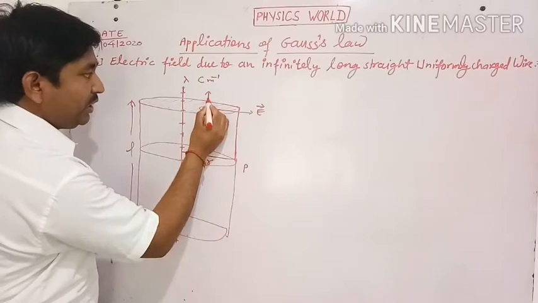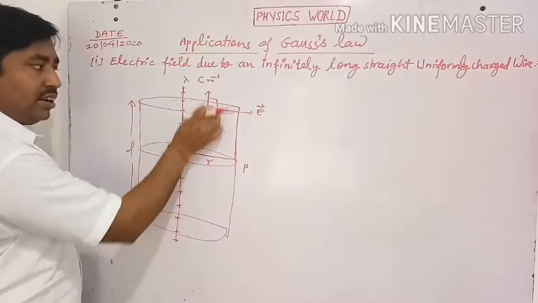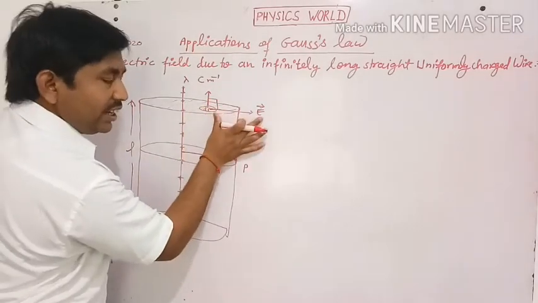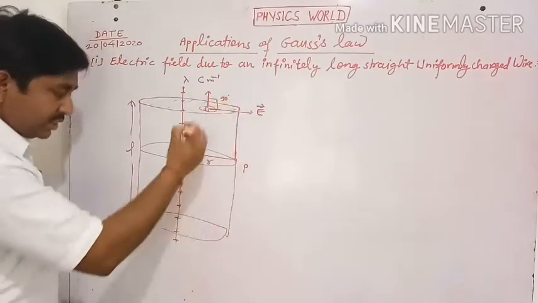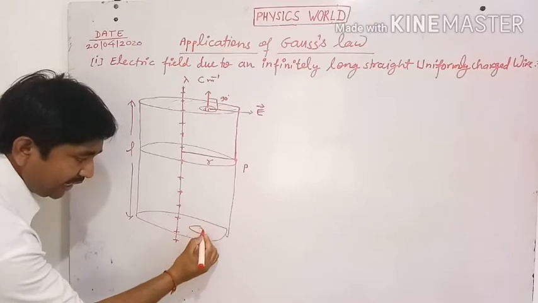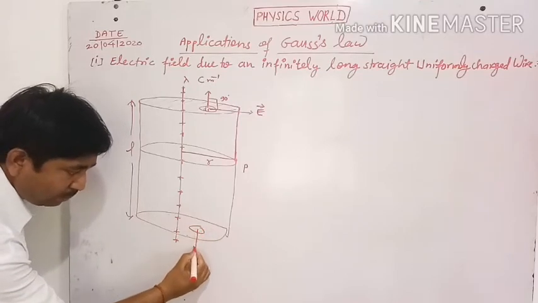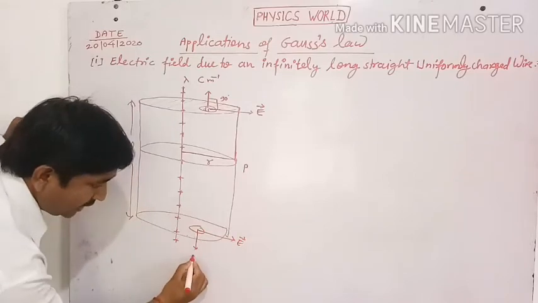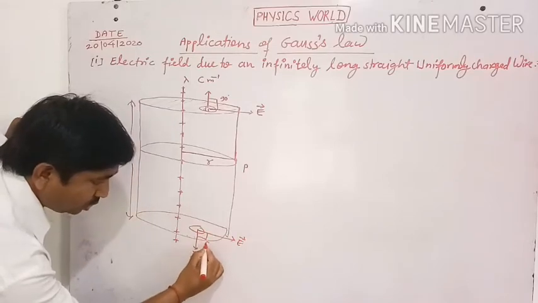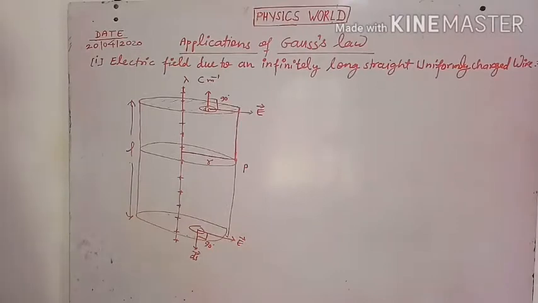So the angle between the area vector and the electric field vector is always 90 degrees. Similarly, if we take any small area element at the bottom end, then the angle between the electric field and the area vector is also 90 degrees.